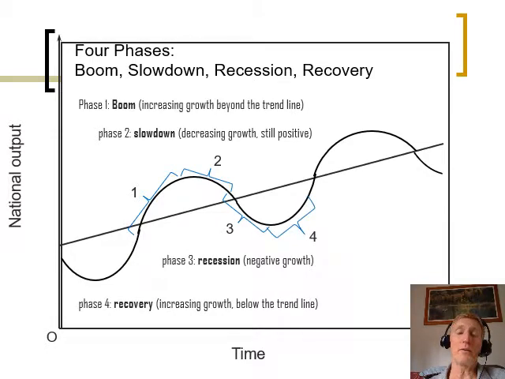And while you're there below the long run trend, we're continuing to experience negative growth, and yet a recovery will eventually occur when prices get so low that there's more risk being taken by entrepreneurs and consumers alike, and there is a more positive attitude in the economy and growth begins to occur.